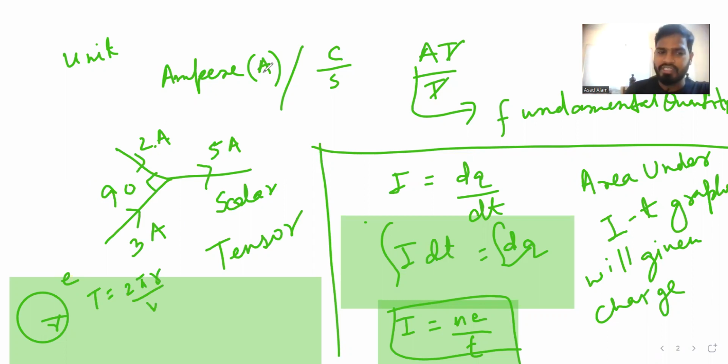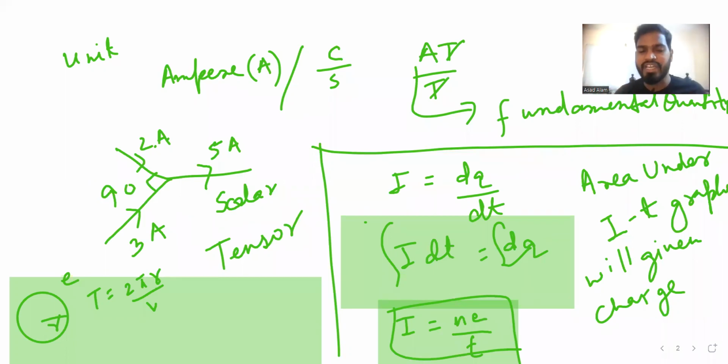I is equal to Q by T. But suppose directly you are supposed to find the current.